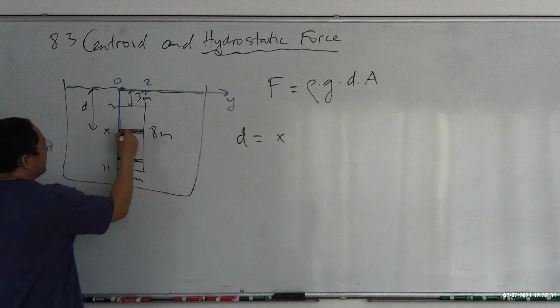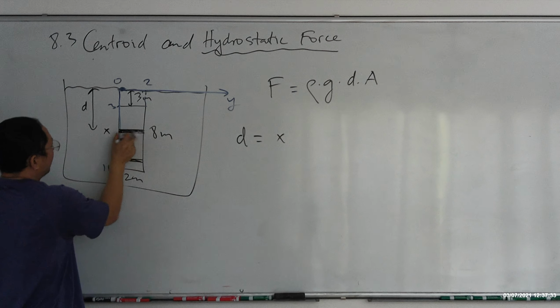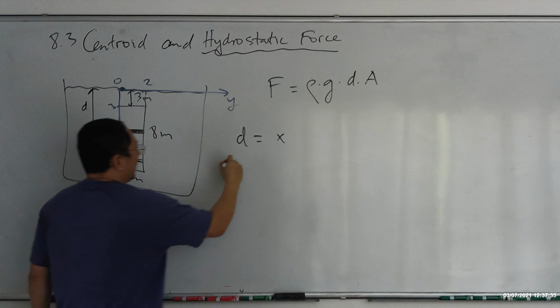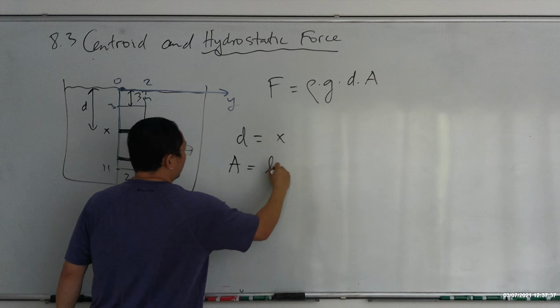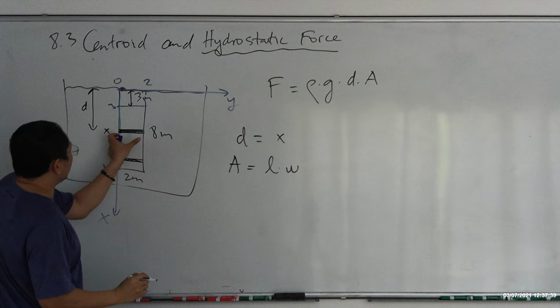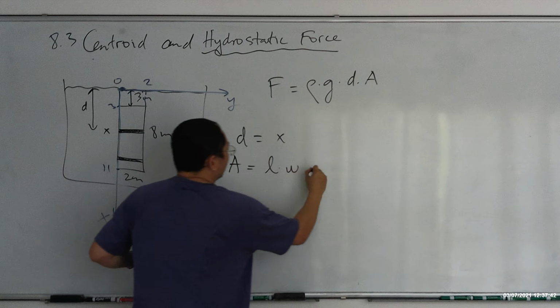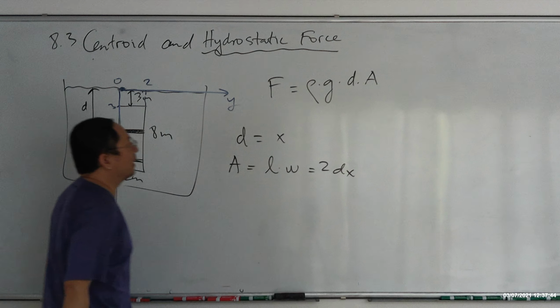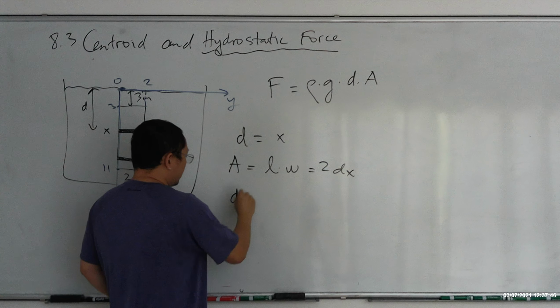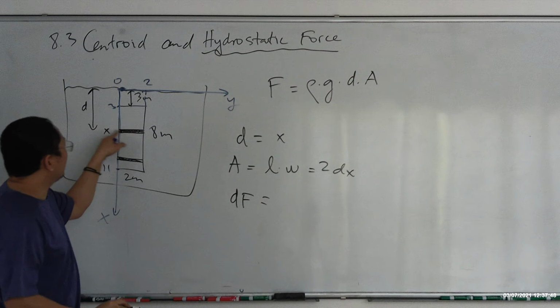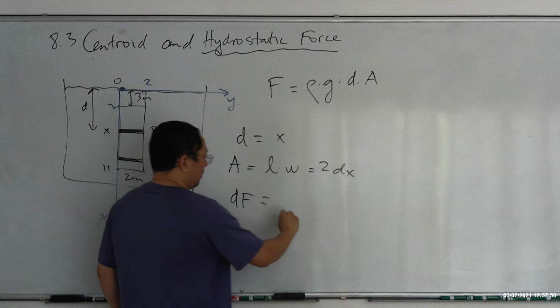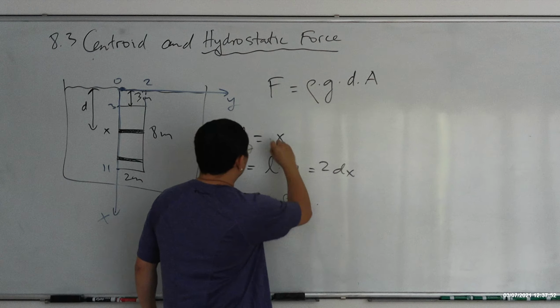This is a rectangle, so area is length times the width. The length is always 2, and the width is dx, so 2 times dx. Alright? So the little force applied to that little slice right here is rho times g times x times 2 dx.